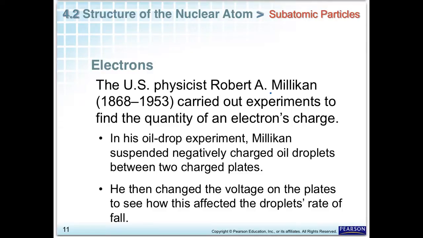Another scientist, Robert Millikan, was actually able to determine the quantity or the amount of charge on an electron. His experiment used oil droplets that he was able to suspend between two charged plates, and by changing the voltage of the plate, he was able to see how quickly the droplets fell, and that allowed him to determine the actual charge.